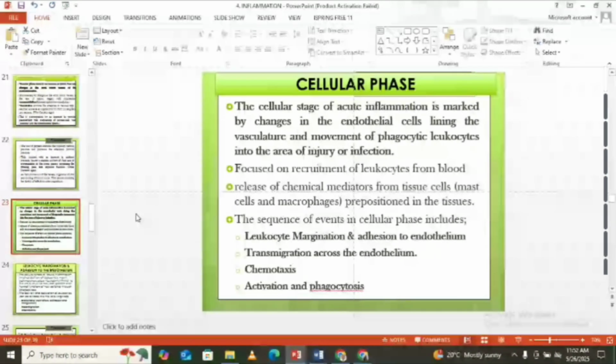And then there will be release of the cytokines, which will sustain inflammation and also recruit more cells. So the release of those chemical mediators ensures that they have eliminated or engulfed the pathogens and also the debris within the site of injury.